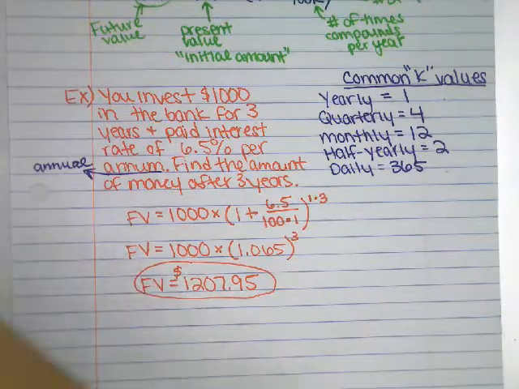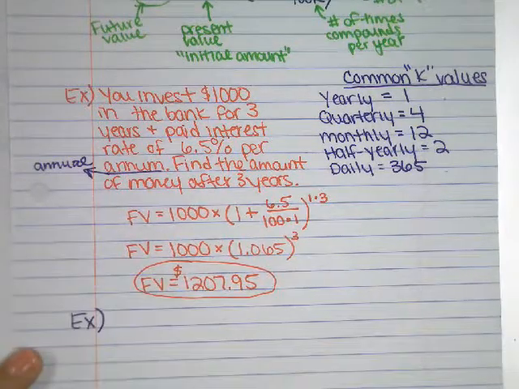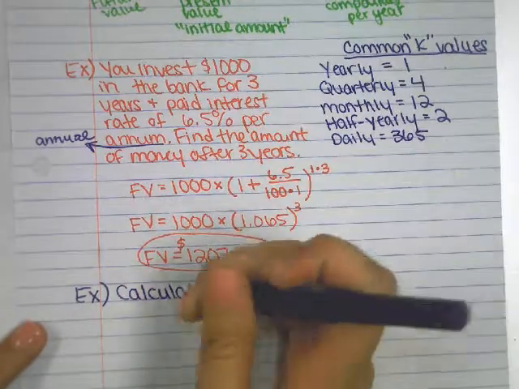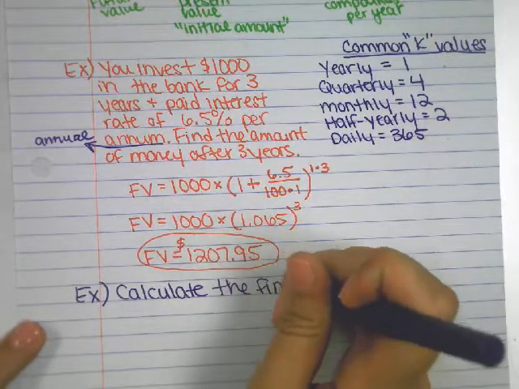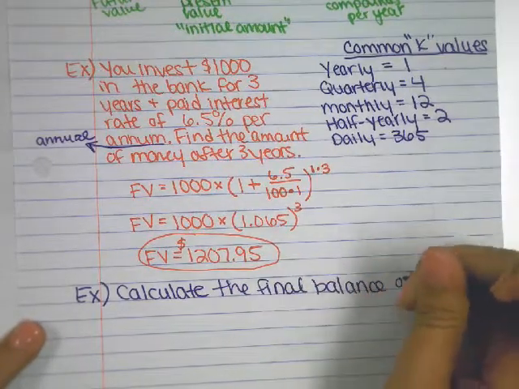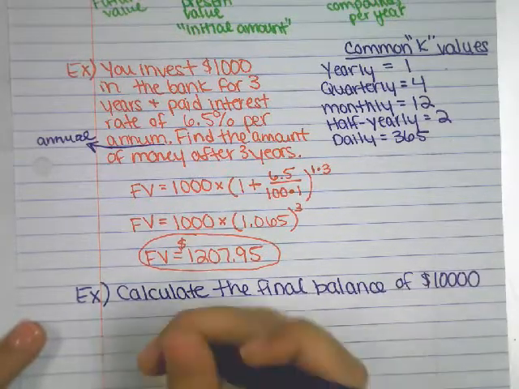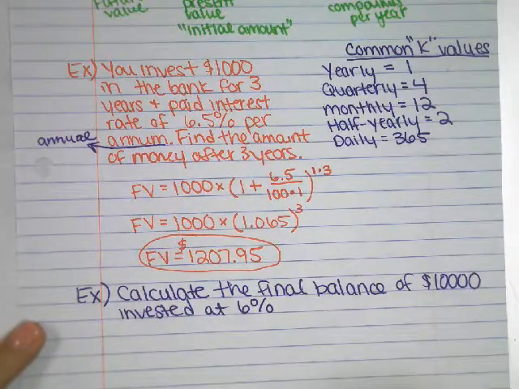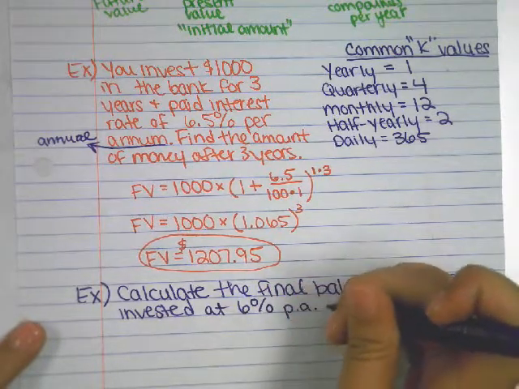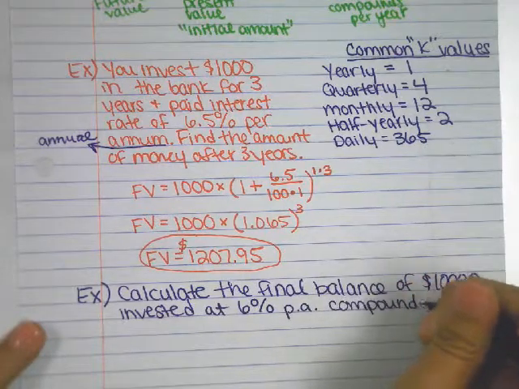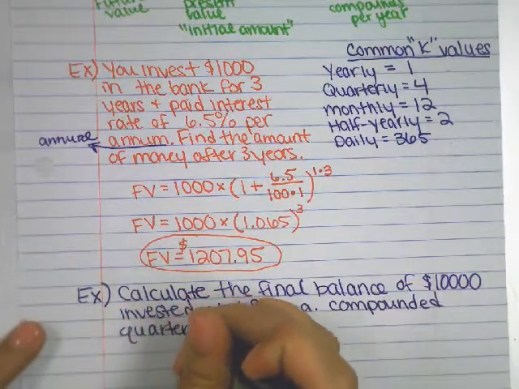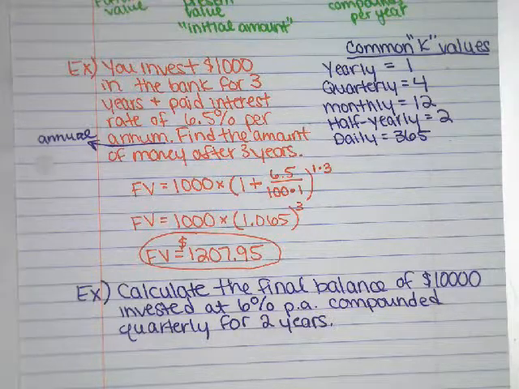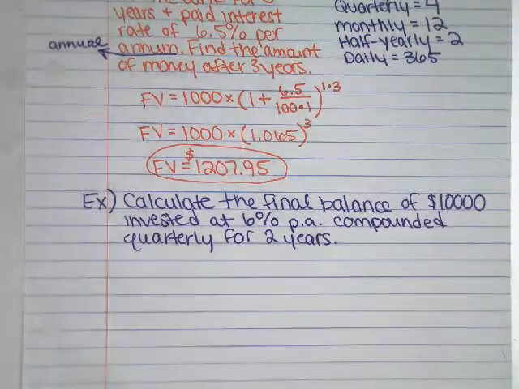Let's do another one. Example. It says calculate the final balance of $10,000 invested at 6% PA.